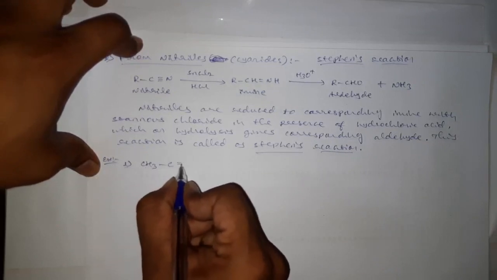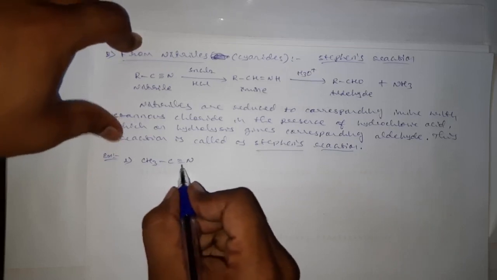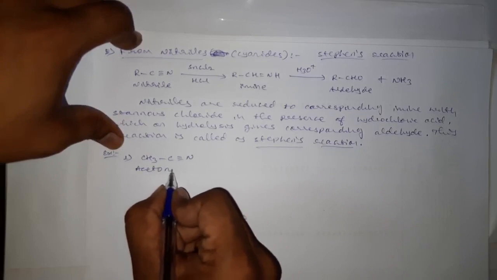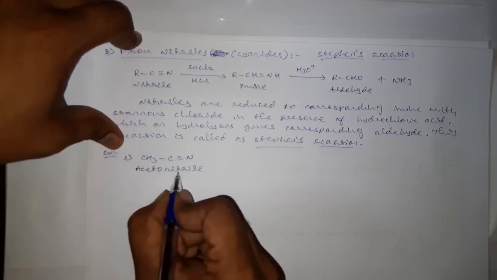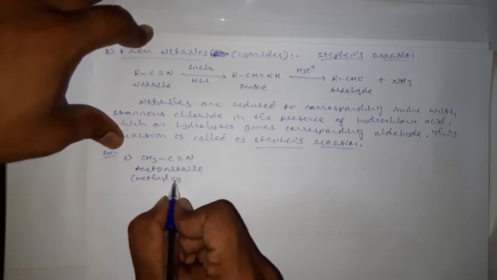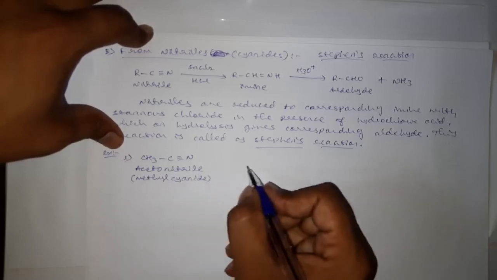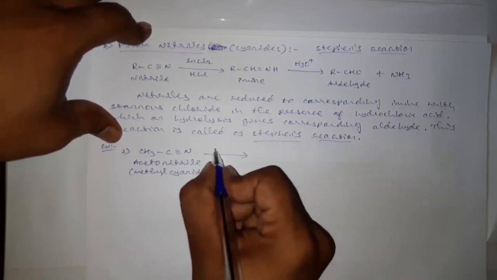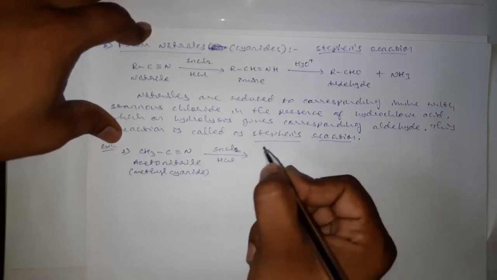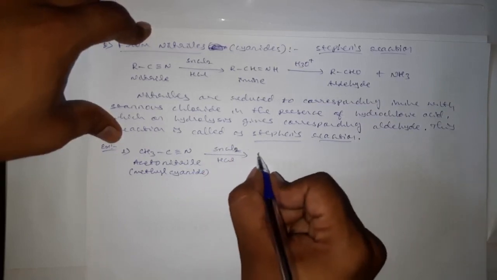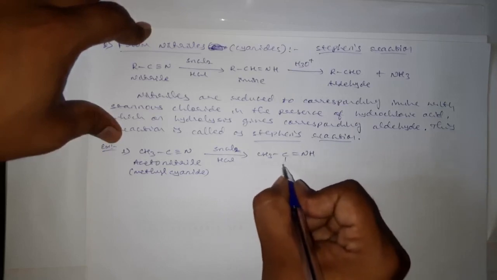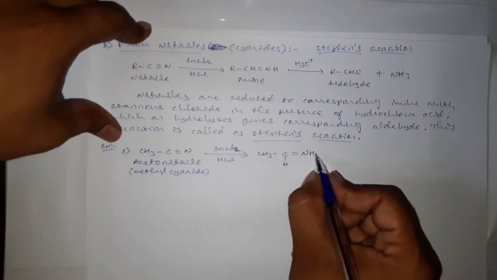CH3 C triple bond N. This is a nitrile and its name is acetonitrile, or we can write methyl cyanide. When it is treated with stannous chloride in presence of HCl, we will get CH3 CH double bond NH, correct?